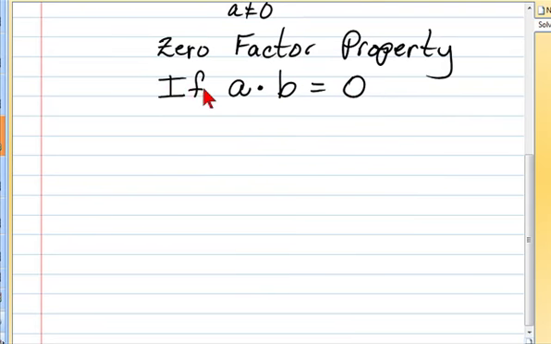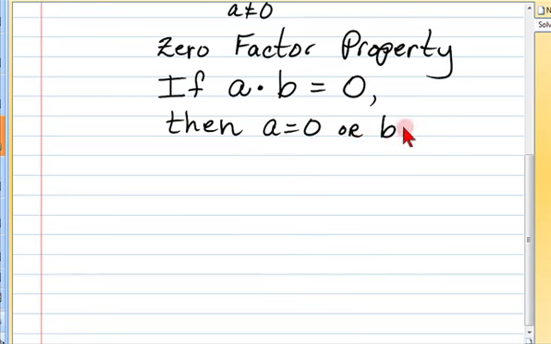If A times B equals 0, put a comma, then, can you finish that? Something must be true. If something times something is 0, what has to be true? A equals 0 or B equals 0. If you get a product of 0, then one of the factors had to be 0. That's the only way you can get a 0 product.